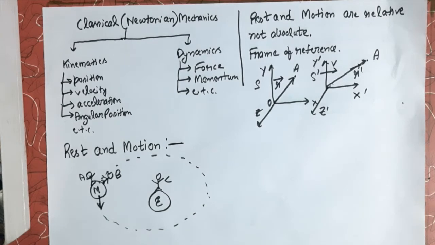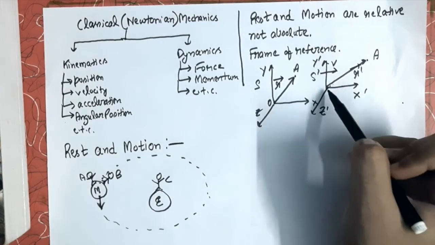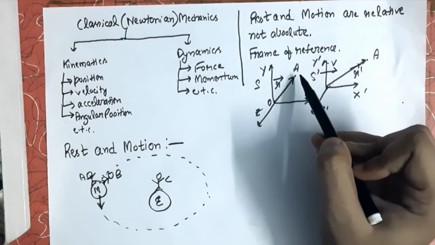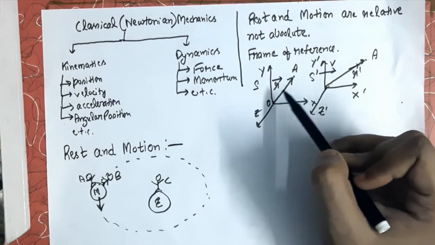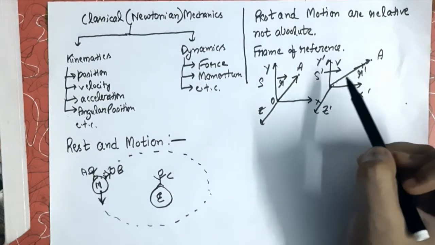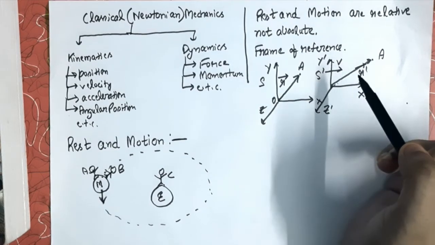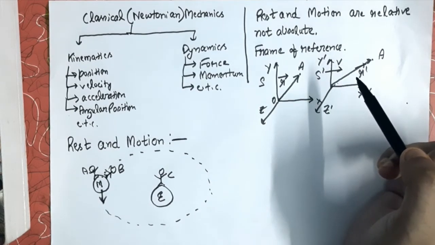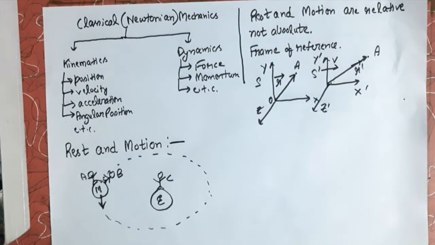So a person in this frame of reference can say that A is not at rest, A is in motion, but a person in the other frame of reference can say that A is at rest. So we can see that rest and motion are relative again, as in the example I gave you of Earth and moon. So this was all about rest and motion.